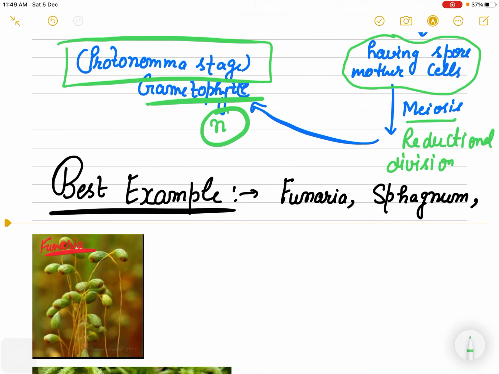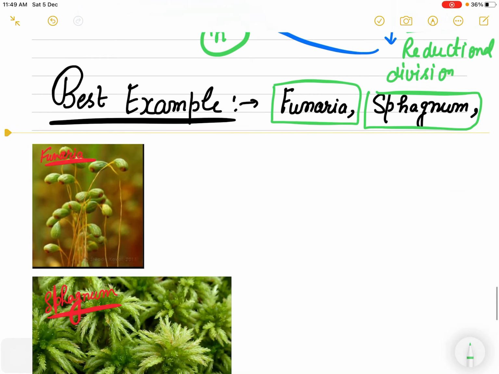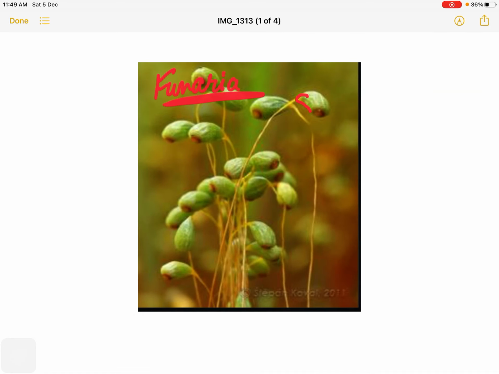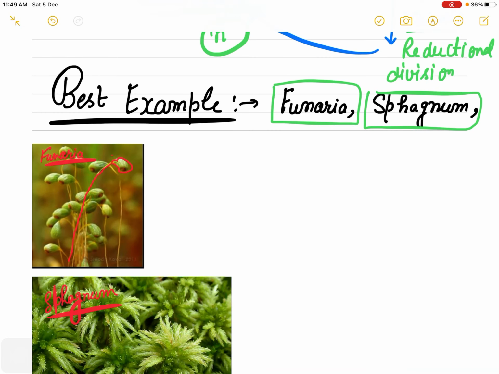And the best examples which we can quote in the mosses are Funaria and Sphagnum. What were the examples in the liverwort? That was your Riccia and Marchantia. And here in Funaria, as you can see, this is the capsule-like structure, and that is the seta, the long seta that is observed in Funaria.